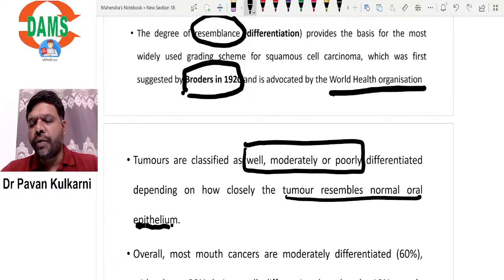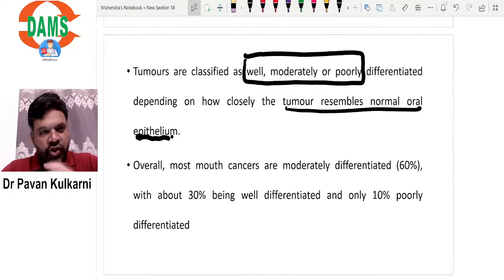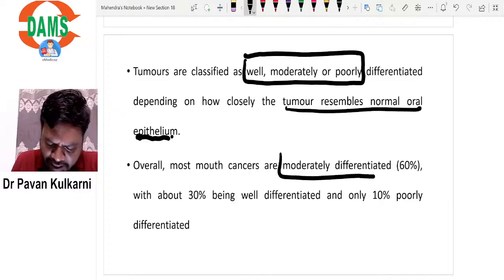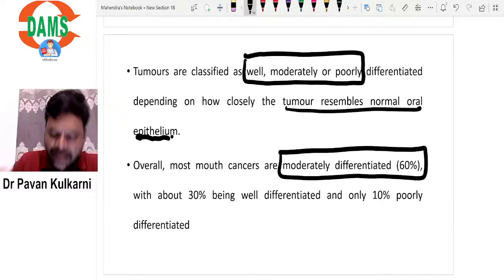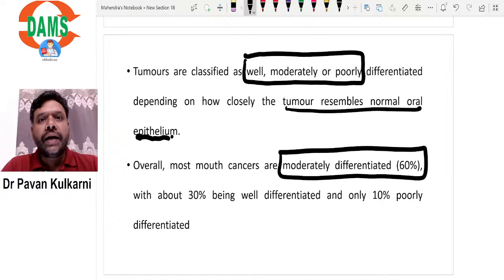Okay, so that is very important. You have to understand what is well differentiated and what is poorly differentiated. Overall, a very important point: generally, in the oral cavity, the maximum is moderately differentiated. 60% of cases are moderately differentiated oral squamous cell carcinomas.